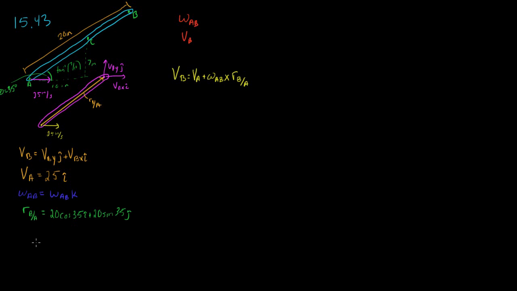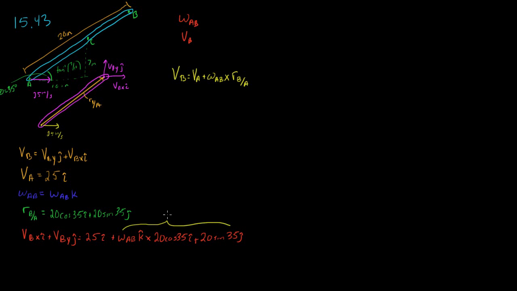Now if we plug everything into our equation, we have VB x i plus VB y j is equal to this 25 i plus omega AB k crossed with this 20 cosine of 35 i plus 20 sine of 35 j. Okay, if we evaluate this cross product, what do we get?